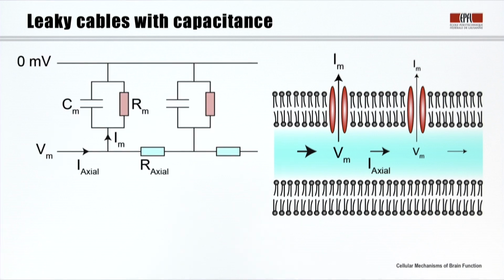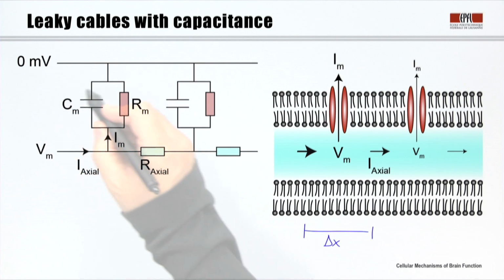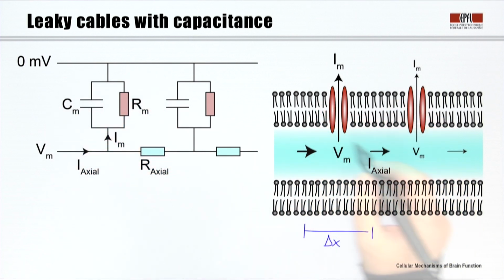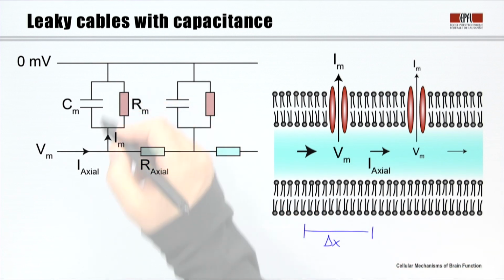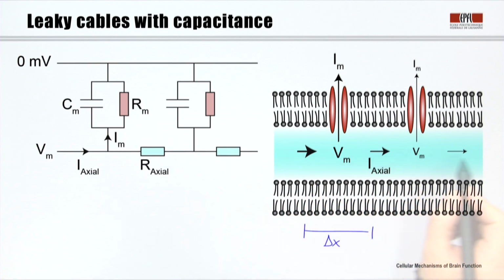We can draw the electrical equivalent of any small length of this cable through thinking about the capacitance across that unit length provided by the surface area of the lipid bilayer. There's the membrane conductance provided by the numbers and types of ion channels present in that part of the membrane. And of course we have the axial current flow that flows down the length of the arborization, changing potential depending upon the axial resistance that's offered to that current.